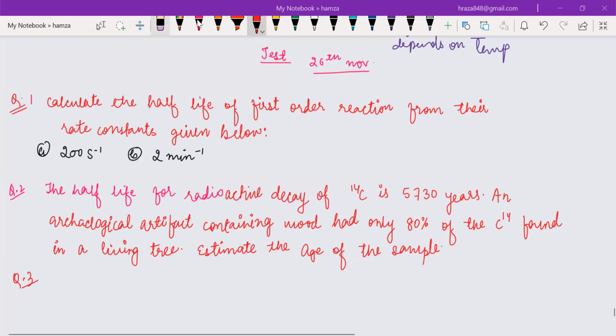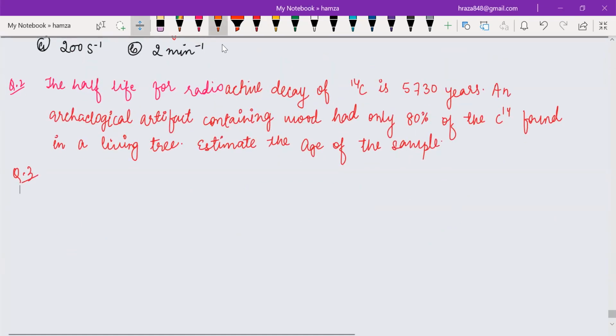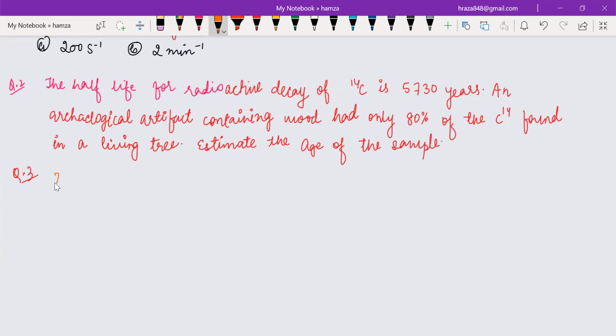What about you, Sneha? Please do respond. A second, sir. The second question. Okay, I'm sliding it up slightly. Sneha, please let me know when you are done with the second question. Done, sir. Very good. Write the third question.